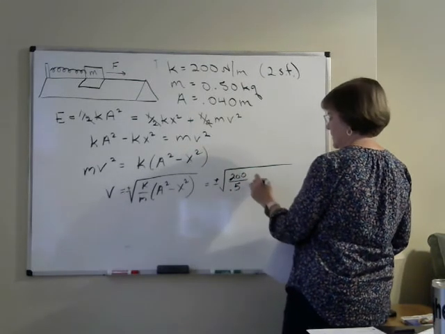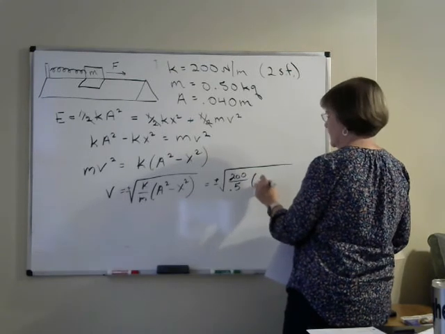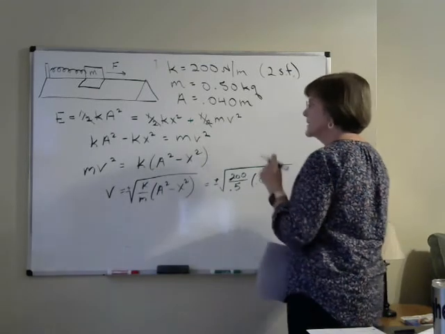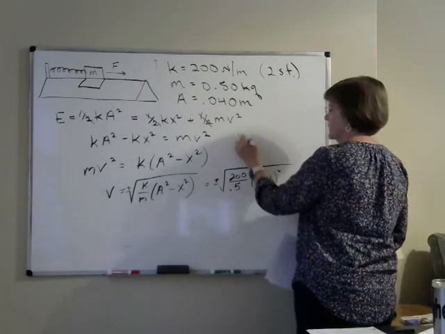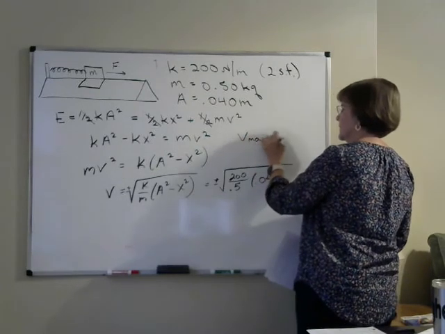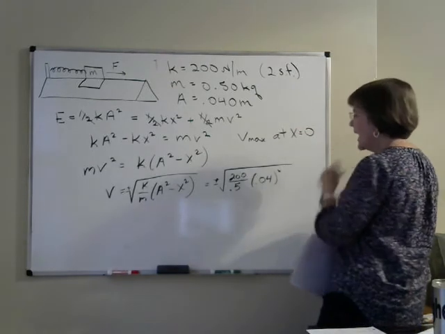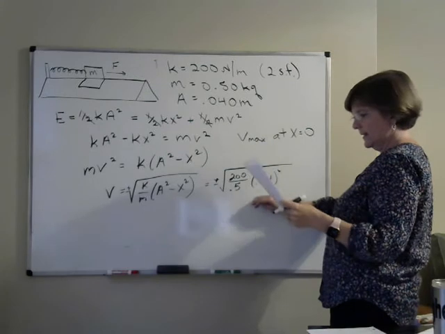times A squared. A is 0.04 squared. The maximum velocity occurs at x equals 0, when we're at that equilibrium point. So all I really need is to plug in my numbers.